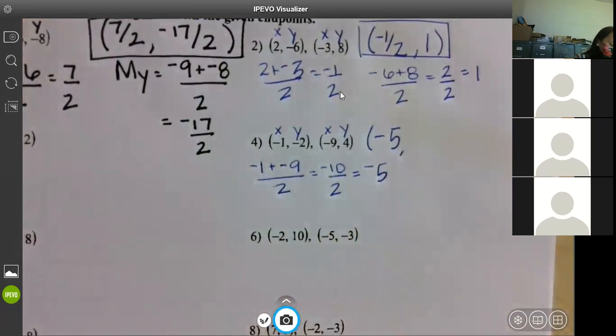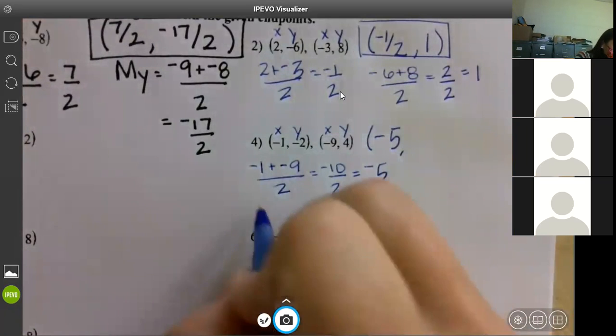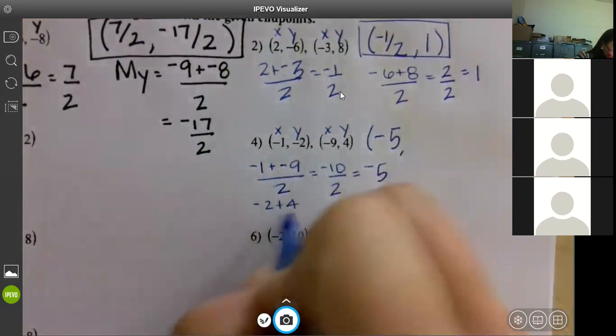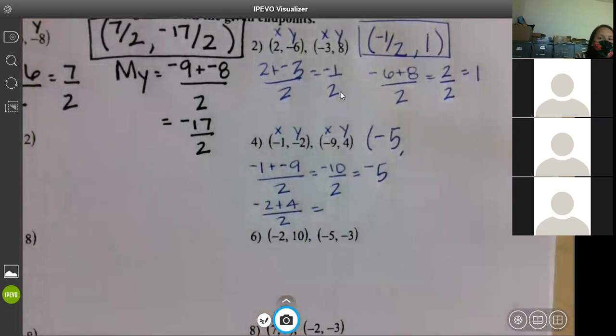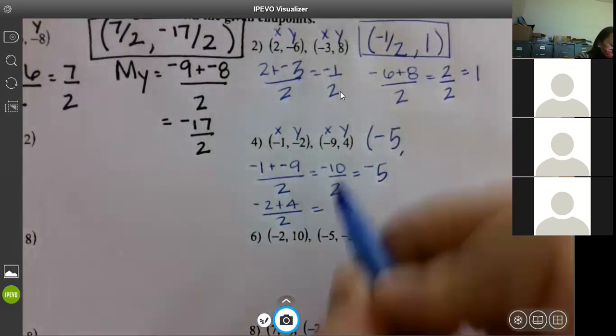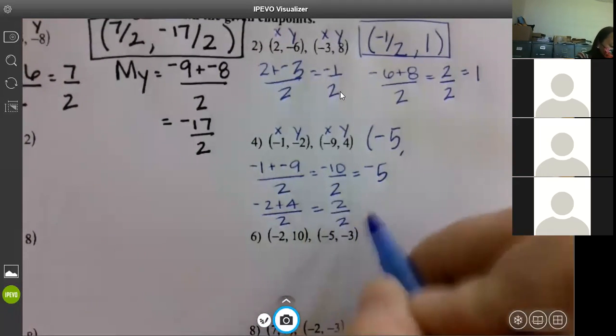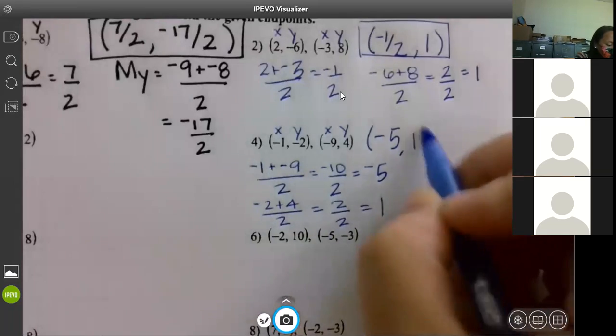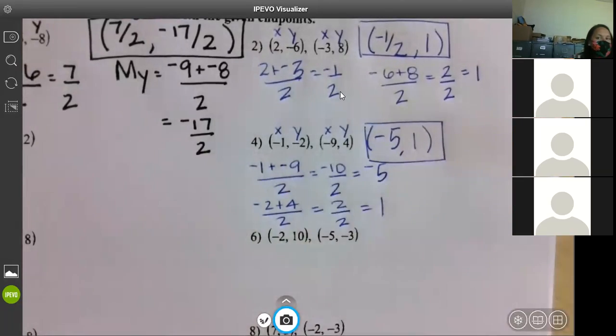What are your 2 y's? -2 plus 4. We're going to divide that by 2. What is -2 plus 4? And 2 over 2 reduces to 1. So your midpoint is -5, 1.